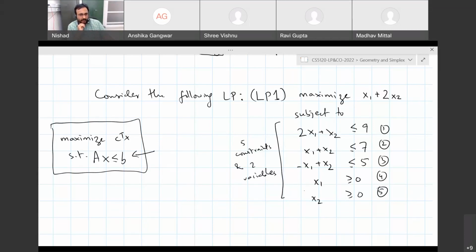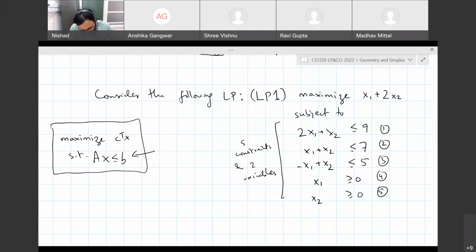This form is simpler to think of when we are discussing geometry. We don't have to distinguish between the different kinds of inequalities and constraints. If you have a greater than or equal to, you can just multiply both sides by -1 and turn it into a less than or equal to.